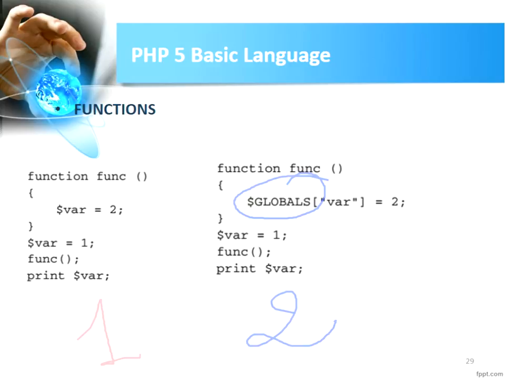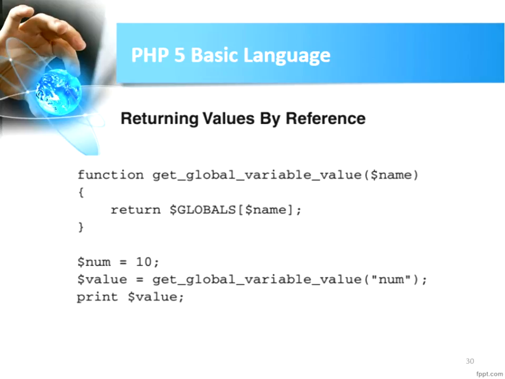So here I will obtain 1, but if I use the keyword globals, in this case I will obtain 2, a global variable.